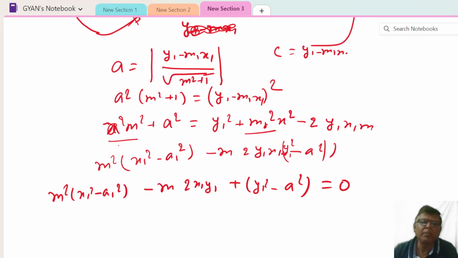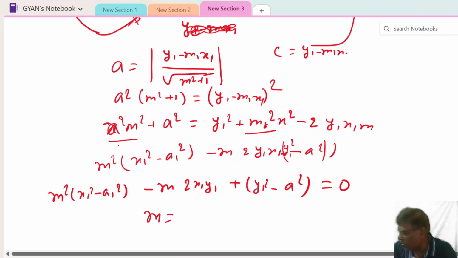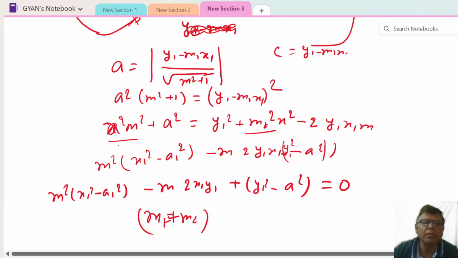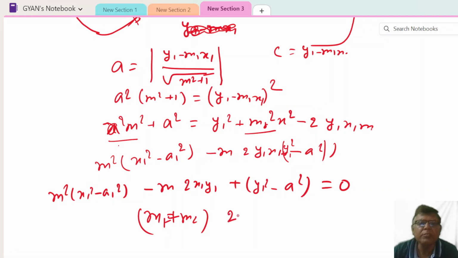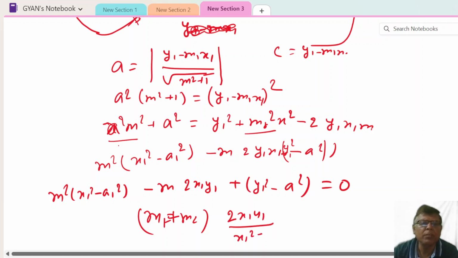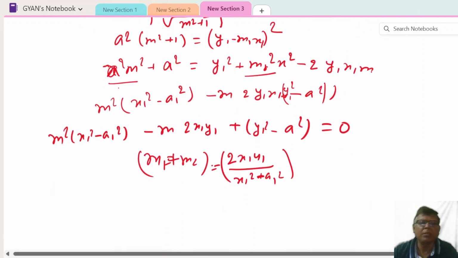So m will have two roots. So m1 plus m2 will be what? Minus b by a. That means 2x1 y1 divided by x1 square minus a square. So this is one important result. What is m1 and m2, that we'll see.